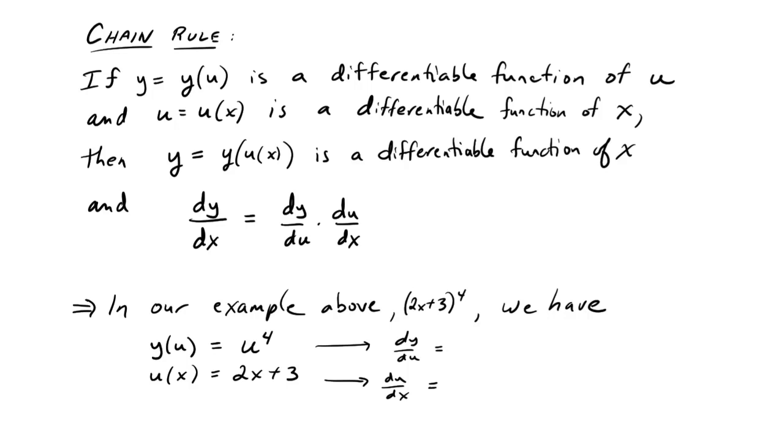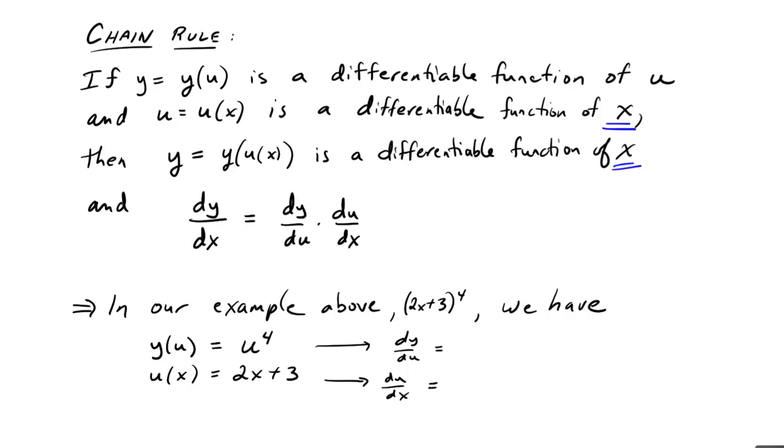Okay, so the chain rule says if y, which is y of u, so we're just saying that y is a function of u, is a differentiable function of u, and u equals u of x is a differentiable function of x, then y, which is now considered as y of u of x, is a differentiable function of x.